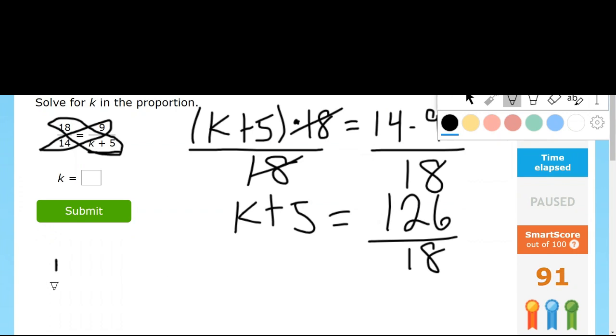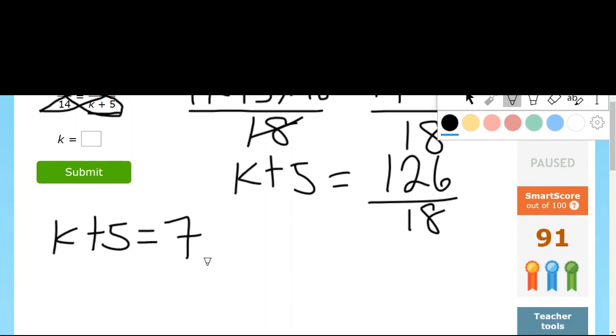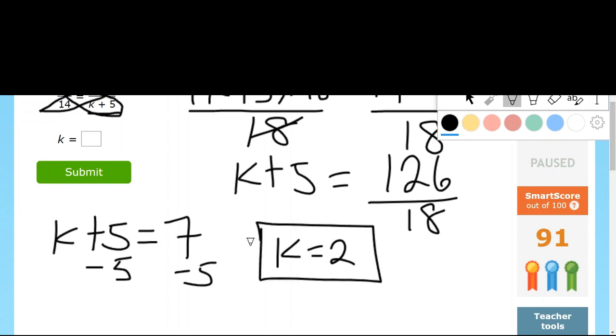So we're left with k plus 5 is equal to 7. So what are we doing to k here? Well, we're adding by 5. The opposite of adding by 5 is subtracting by 5. And we're left with k equals 2. We end up with the same answer.